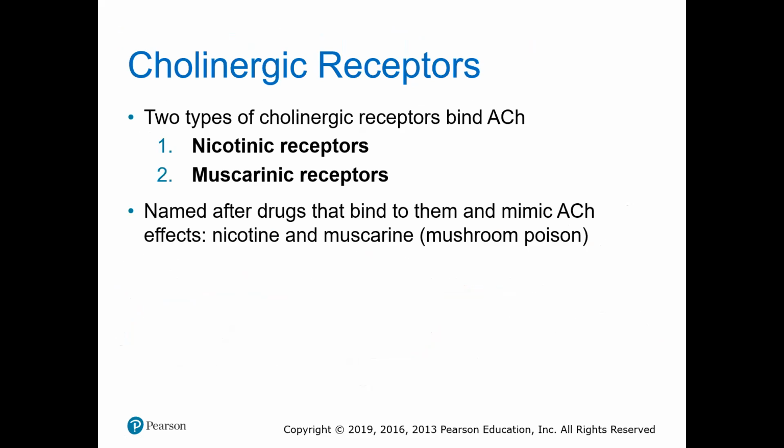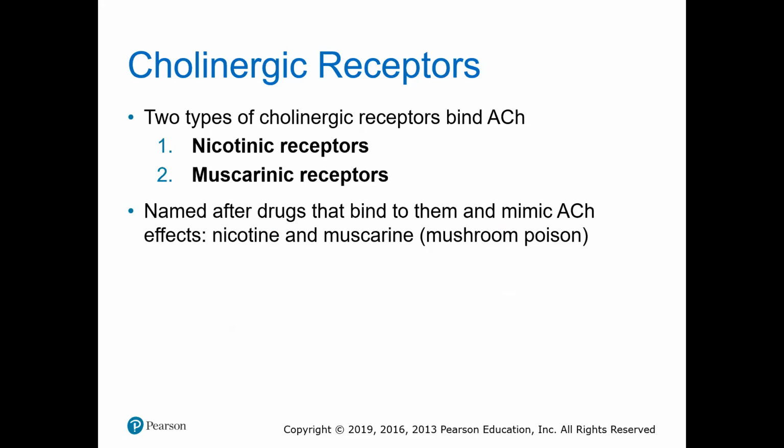Cholinergic receptors, acetylcholine. That's where the term cholinergic comes from. They are nicotinic or muscarinic. The names are based on the drugs that bind to these receptors and, as I say, mimic the effects of acetylcholine.